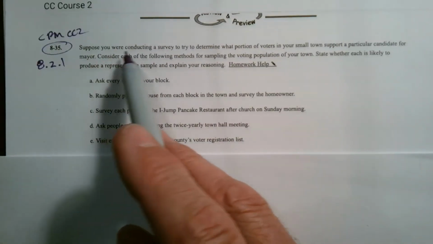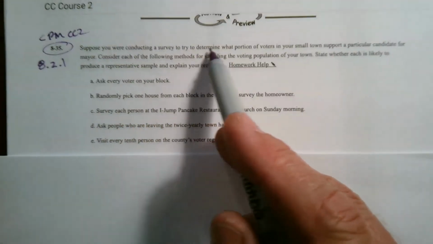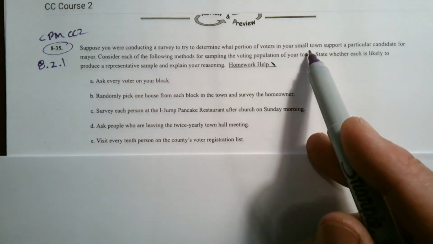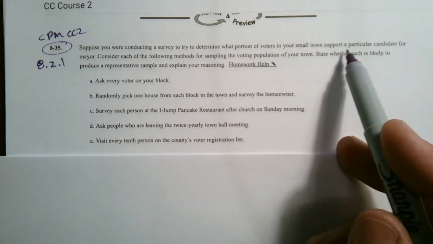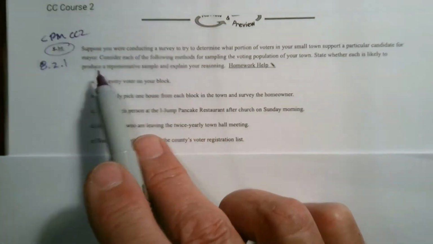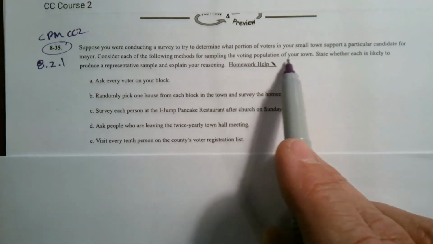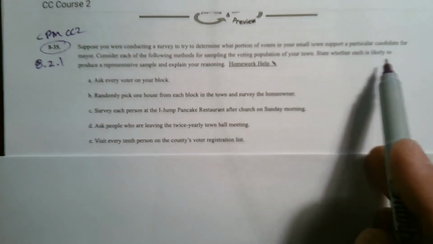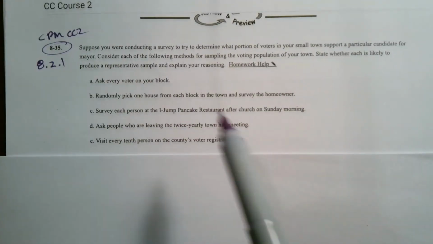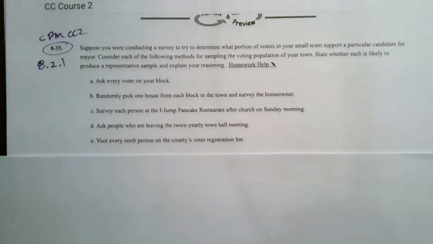It says, suppose you're conducting a survey to try to determine what portion of voters in your small town support a particular candidate for the mayor. Consider each of the following methods of sampling for the voting population of your town. State whether each is likely to produce a representative sample and explain your reasoning.